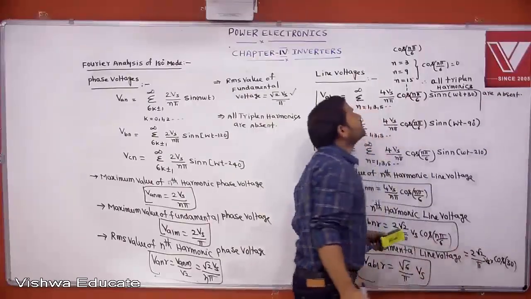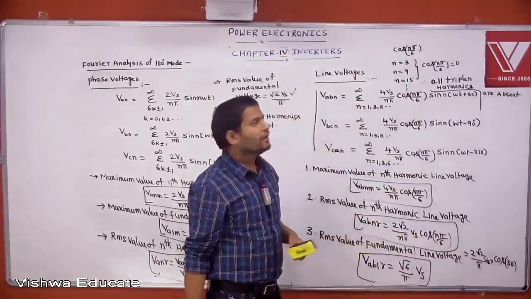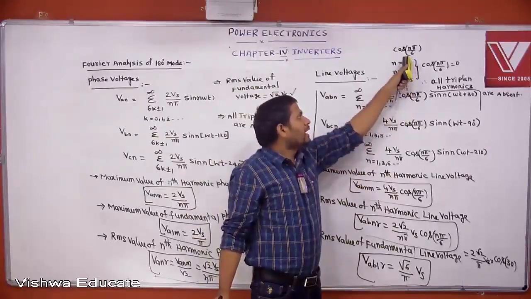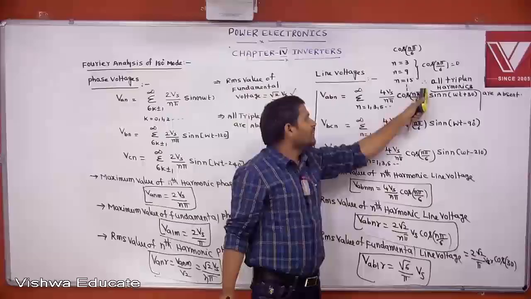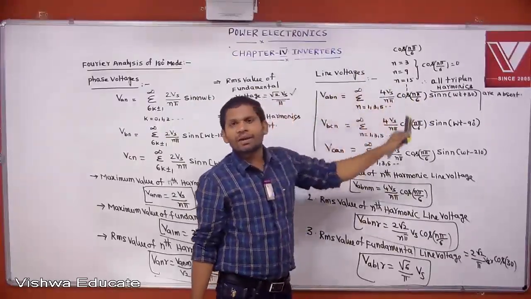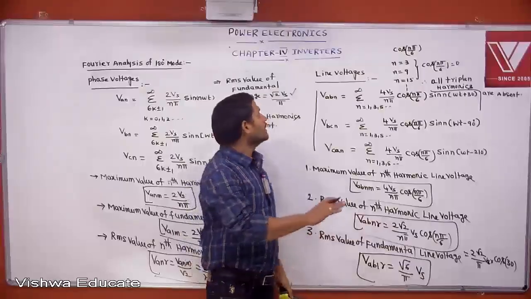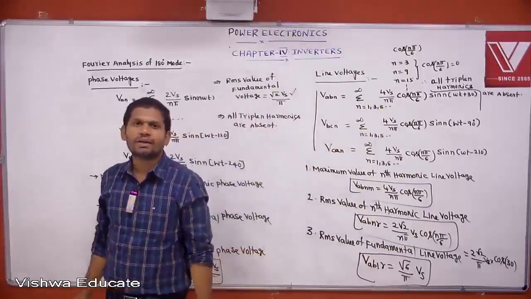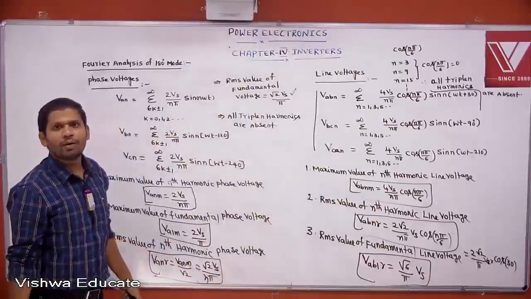That you write. Because of quasi nature, if you substitute n equal 3, 9, 15 here, in the case of 180-degree mode of line voltages, all triplen harmonics are absent. Yeah, this is about Fourier analysis of line and phase voltages in the case of 180-degree mode of operation.